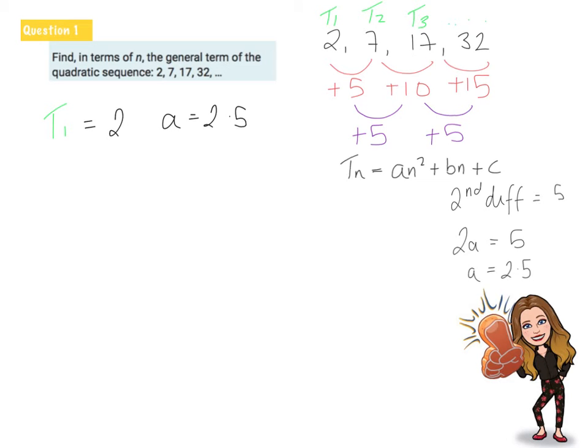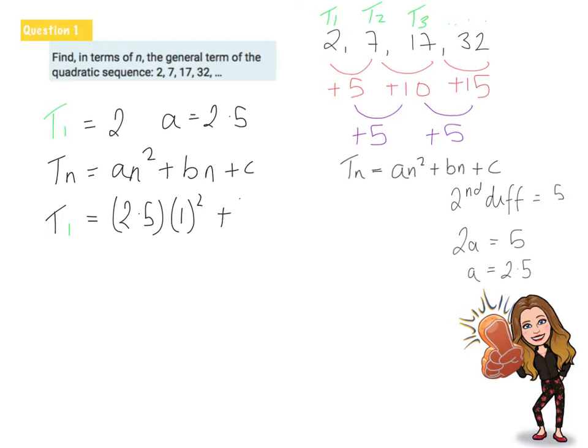So we're just going to do basic substitution into the Tn formula. Tn equals an squared plus bn plus c. So t of 1 is going to be equal to a, which we know is 2.5, times 1 squared, plus b times 1 plus c.